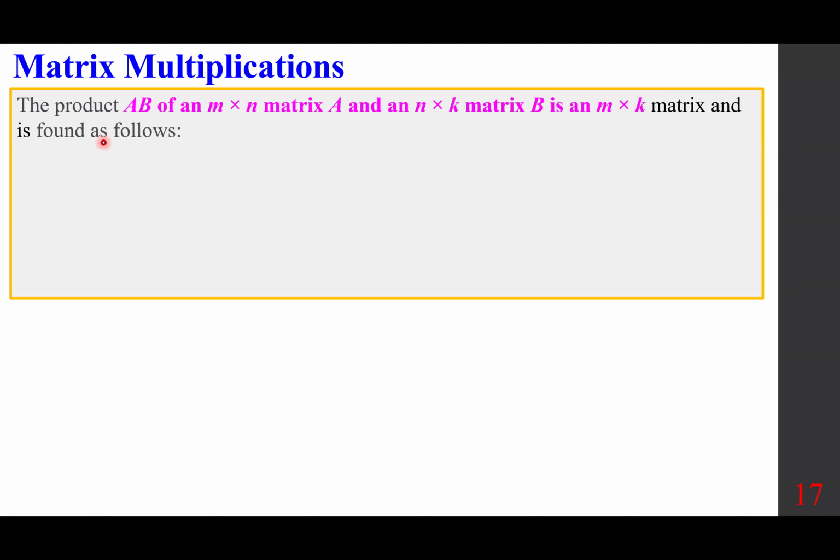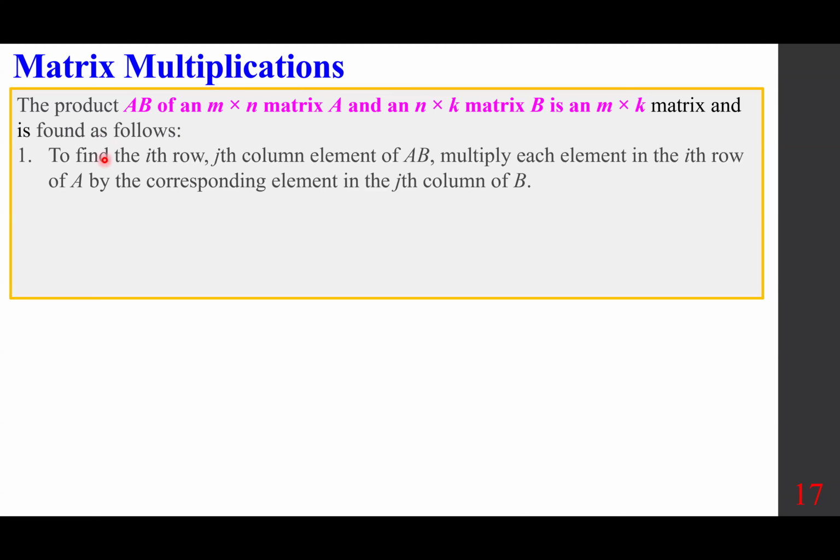Now let's look at the result. To find the ith row, jth column element of AB, multiply each element in the ith row of A by corresponding elements in the jth column of B. The sum of these products give elements of row I, column J of AB.